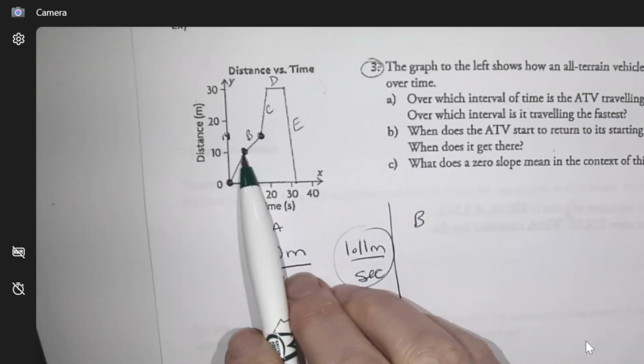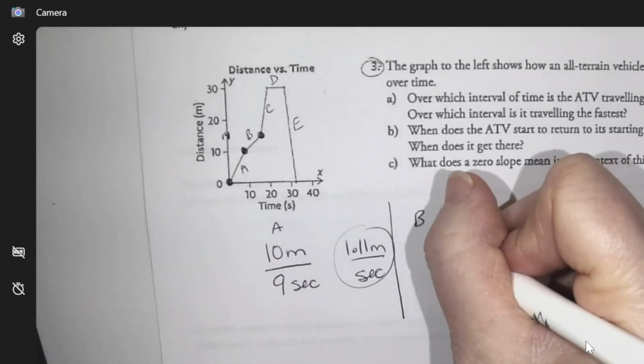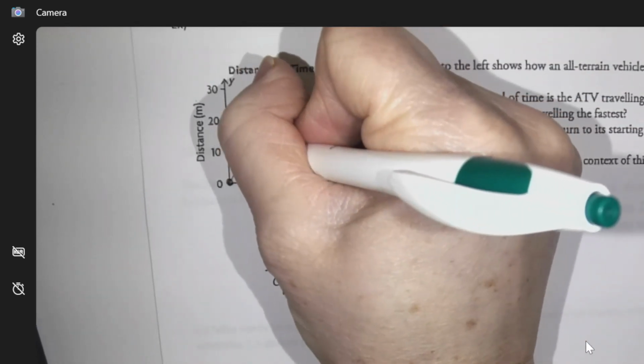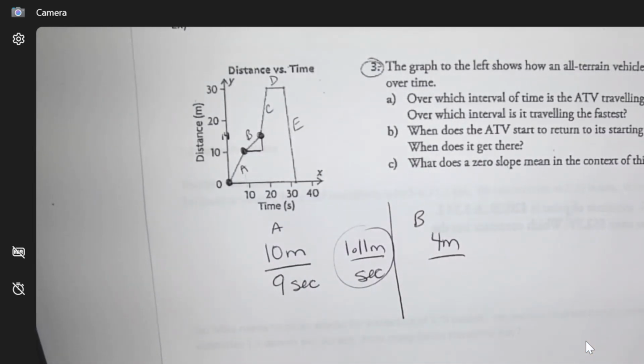What did we say A was? You were already 10 meters. So now you're at 14 meters. So how much have you moved? You've only moved 4 meters because you were already at 10. Now you're at 14. So from here to here, I've only moved 4 meters.